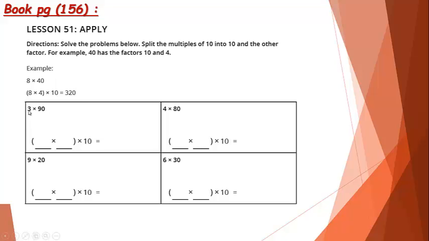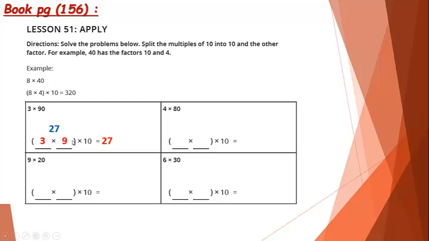Here I want to multiply 3 by 90. First I'm going to split this 90 or divide it into what by 10? What times 10 equals 90? Of course it will be 9 and the 3 as it is. So here it will be 3 by 9 by 10. 3 by 9 equals 27.